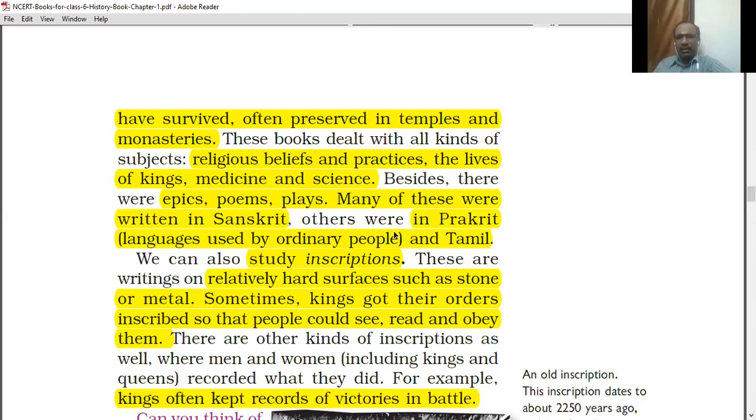And we also see that the epic poems and plays, many of them were written in Sanskrit, and even some of the literature in the common people's language like Prakrit.